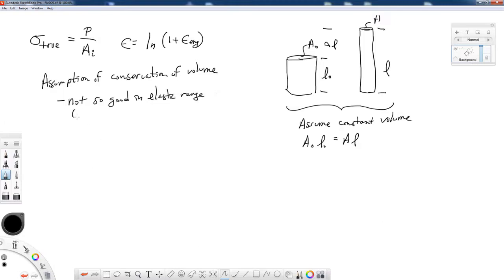But quite frankly, it doesn't matter in that part of the stress strain curve. But it is pretty good when we have a lot of plasticity, so when the plastic strains are much greater than the elastic strains.